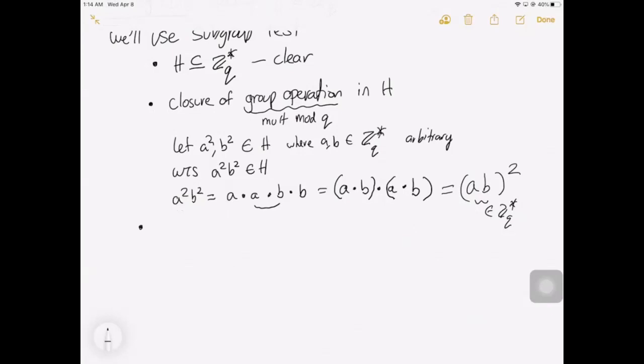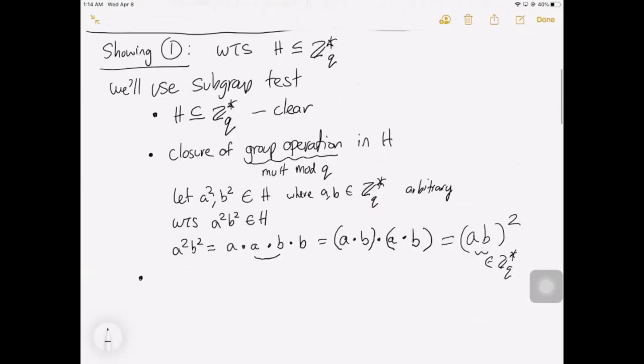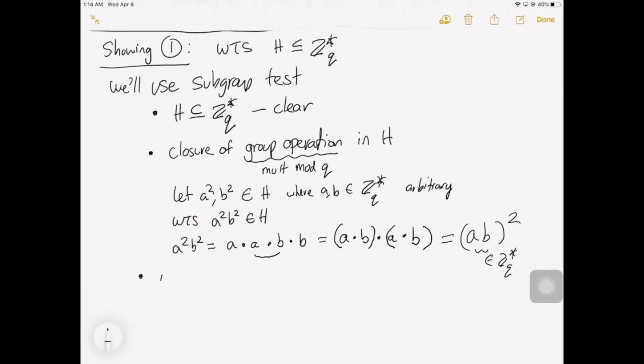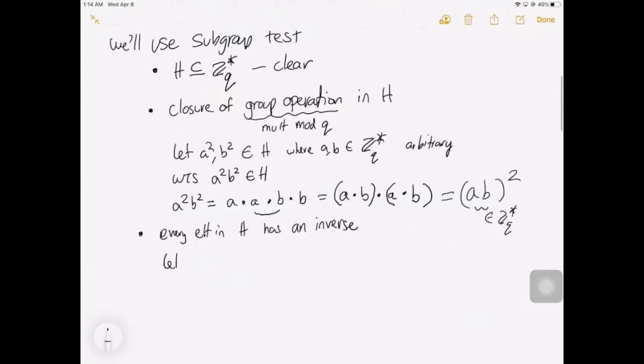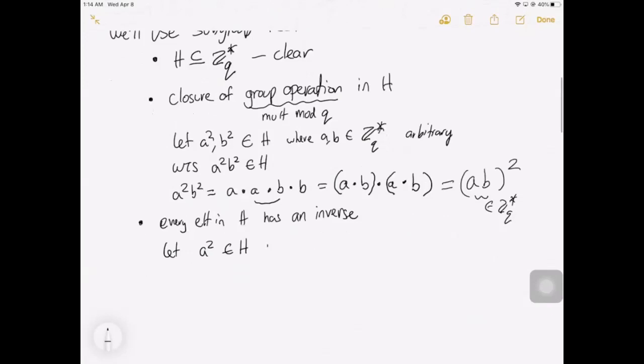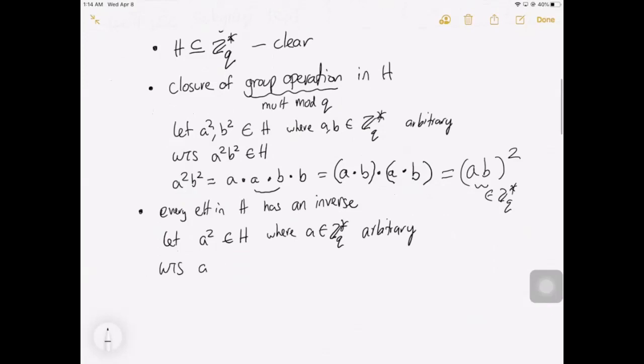The third and final thing that we need to prove in order to show that H is a subgroup is that every element in H has an inverse. So let a squared be an arbitrary element of H, where a in Z star q is arbitrary. We want to show that a squared inverse in H exists.